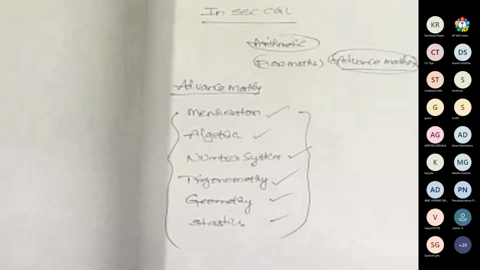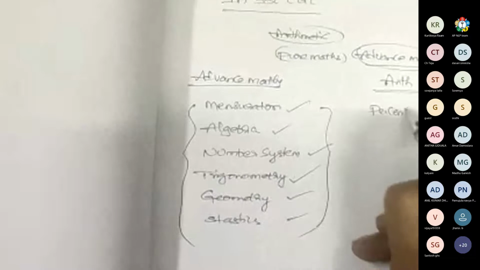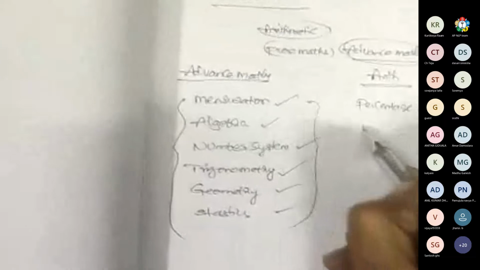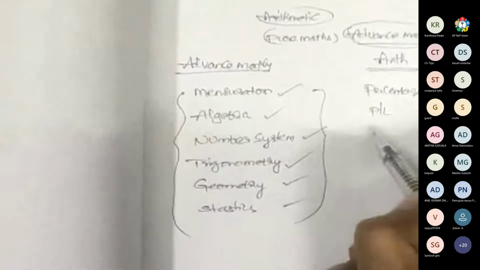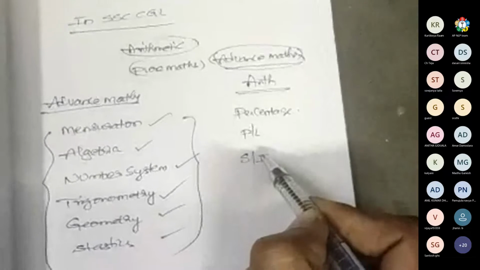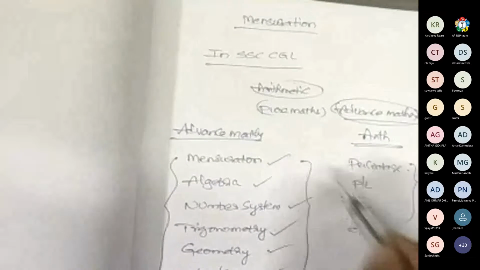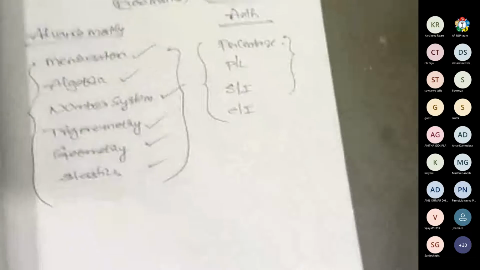In arithmetic, we have to cover percentage, profit and loss, simple interest, and compound interest. This comes under the percentage track.